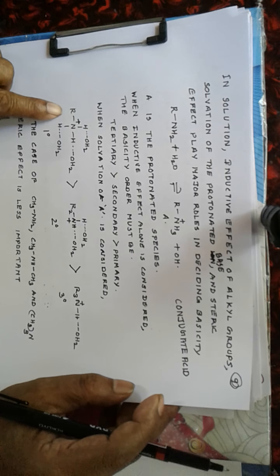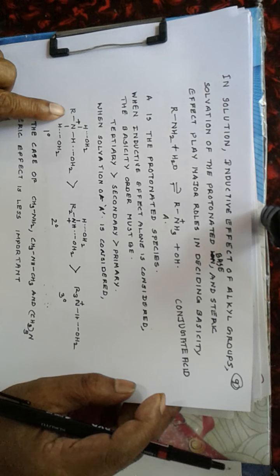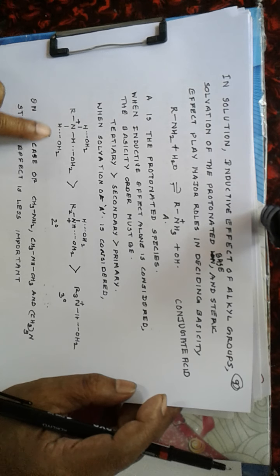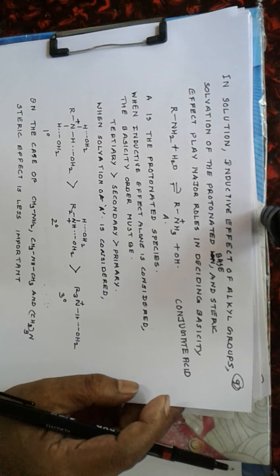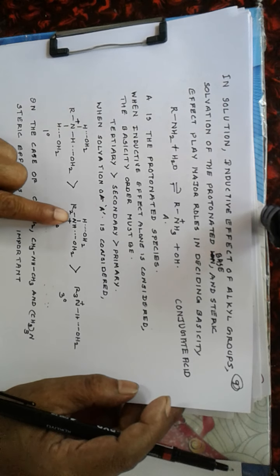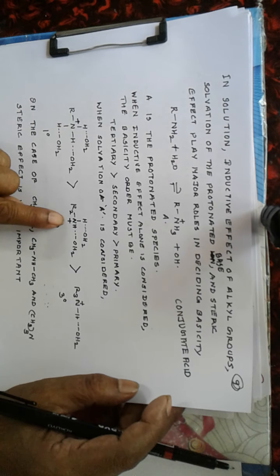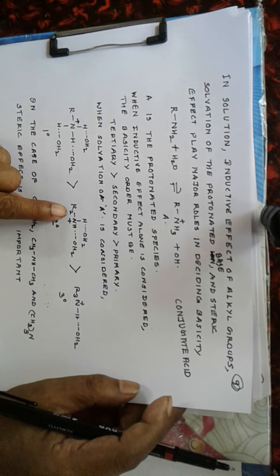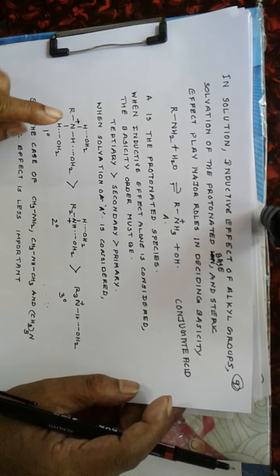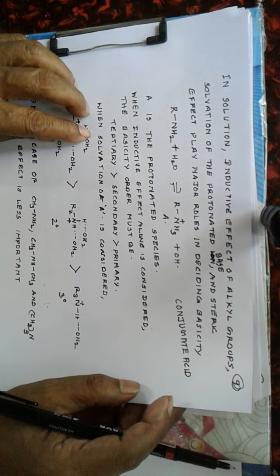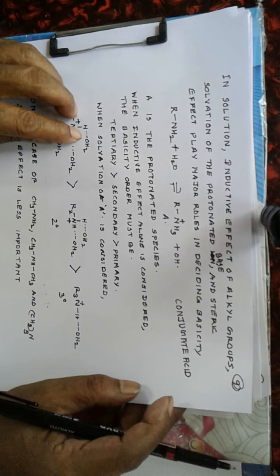Because we have now seen that the conjugate acid of a primary amine is more solvated, and again the secondary amine has only 2 hydrogen bonds. Again it has 2 alkyl groups, so the inductive effect of 2 alkyl groups increases the electron density around the nitrogen more than in the case of a primary amine, even though the conjugate acid is solvated by 3 hydrogen bonds.